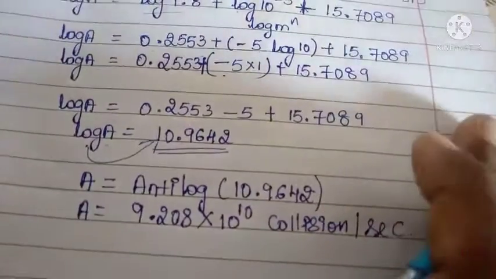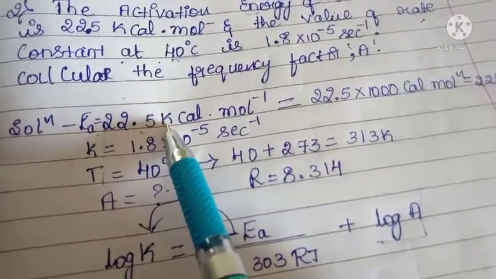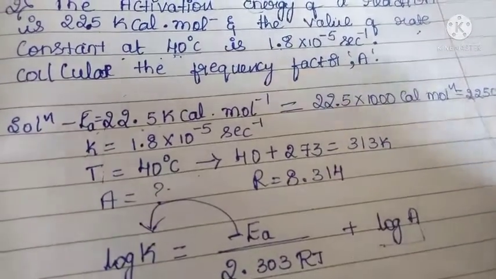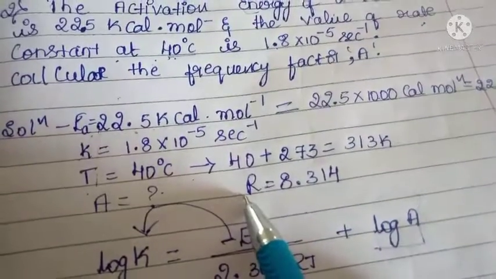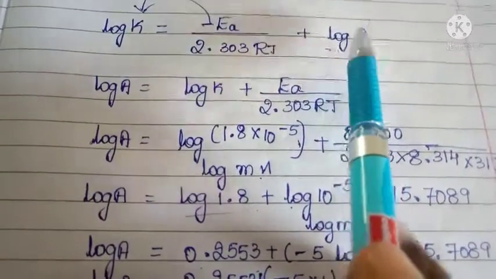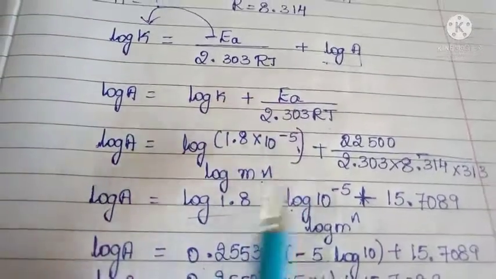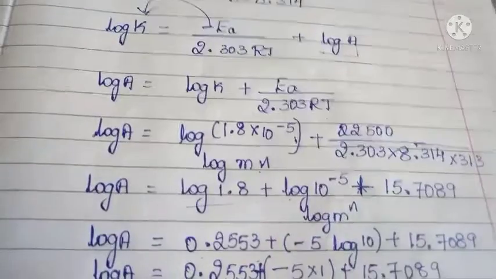Okay, this is the problem. Here you have to carefully observe. They have given a value. This kilo is converted by multiplying by 1000 to get 22,500 calorie per mole. Then the k value, then temperature should be converted to Kelvin, and R we know. A we have to calculate. This is the equation. We need the log A value, so that's why I shift here. We get plus, and substituting the values, this is log mn, so log m plus log n.